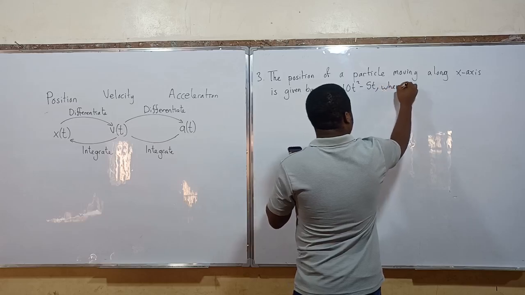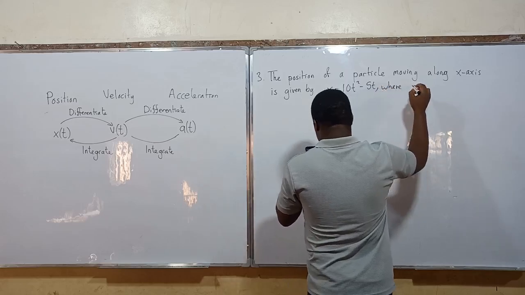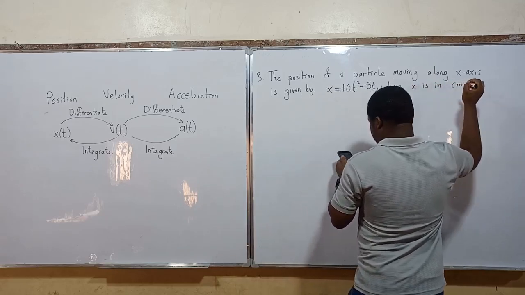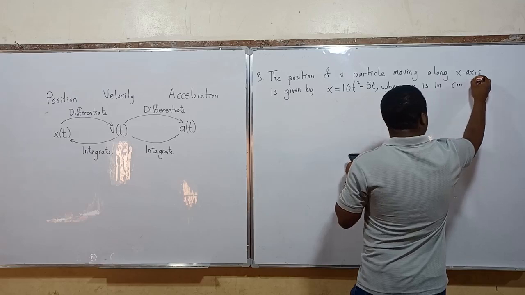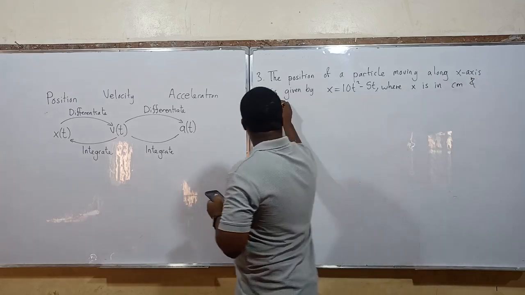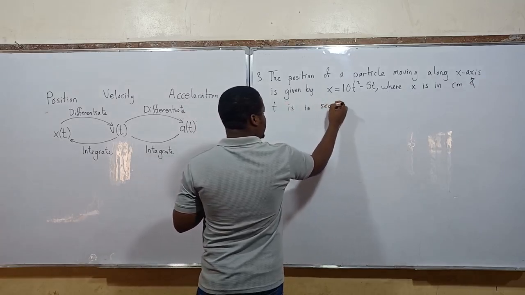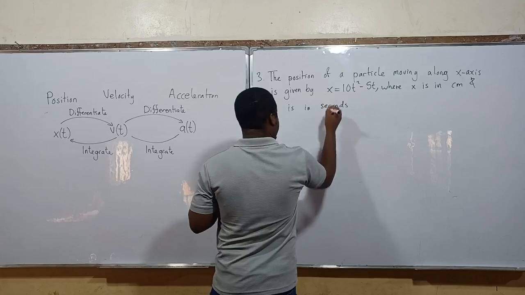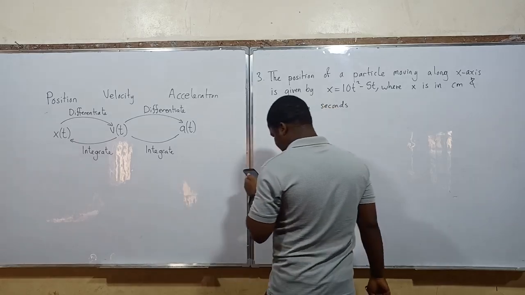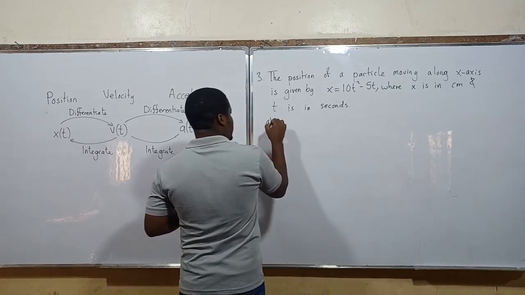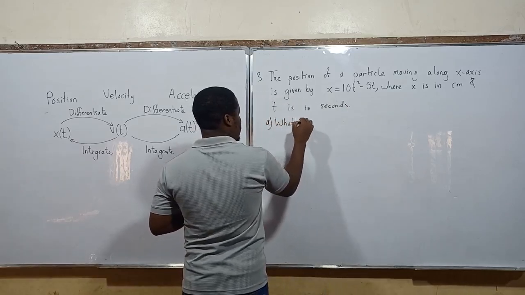where x is in centimeters and t is in seconds. So the first question is, what is the initial velocity?